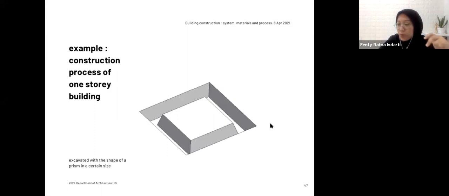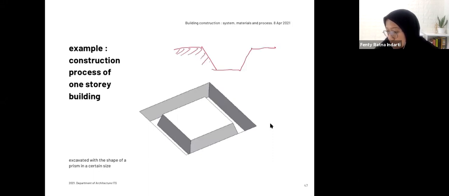Why should it be a prism? Prism means like this, and this is the original ground. So why should it be like this? Well, it's actually for the practicality for the people who build our design.